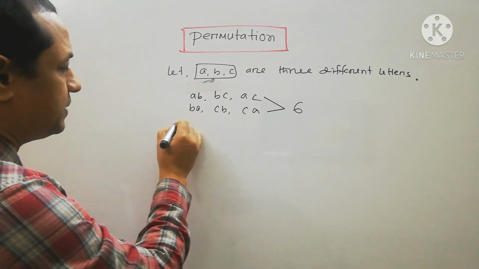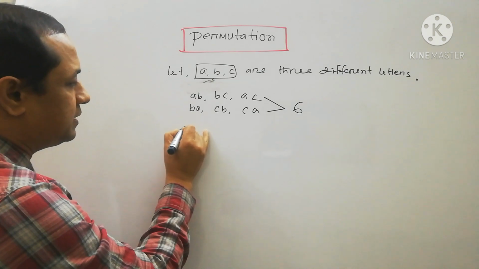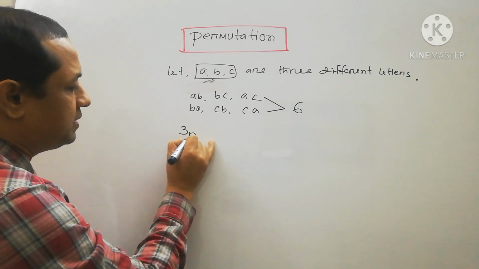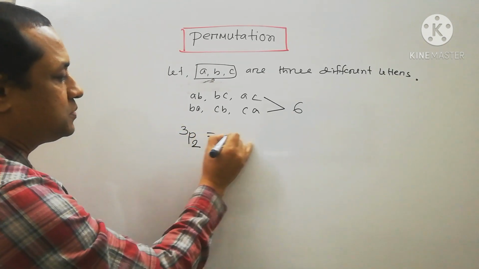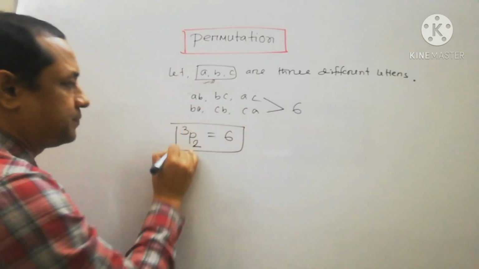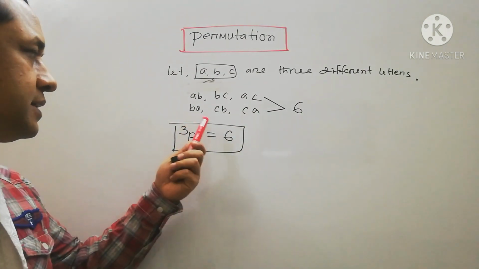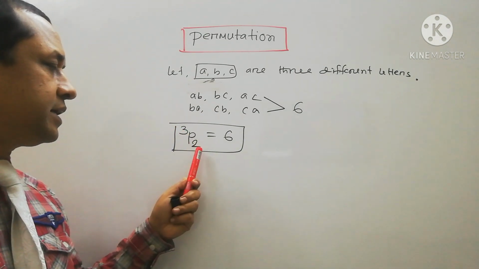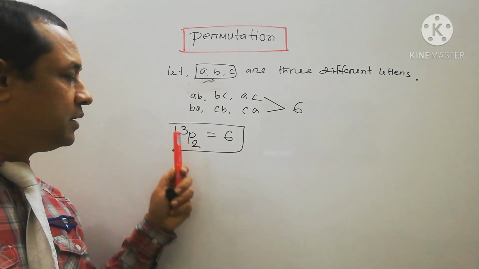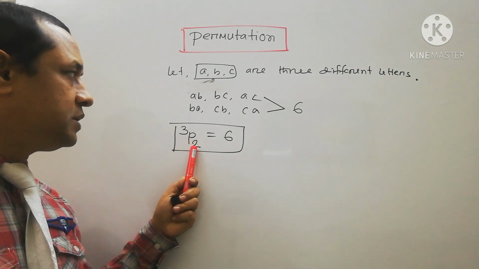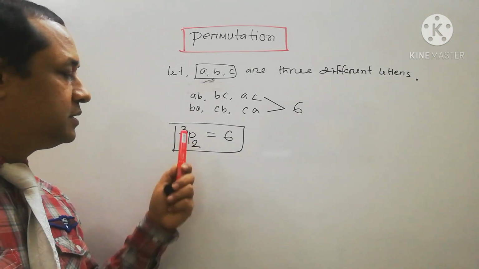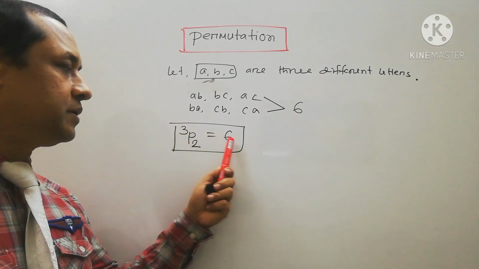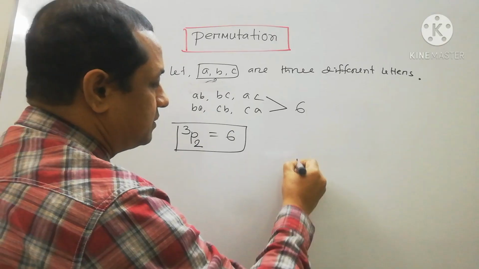It is denoted by 3P2 equals 6. I say again, students, here three different letters are taken two at a time. Now it is denoted by 3P2. P is permutation. So the value of 3P2 equals 6.